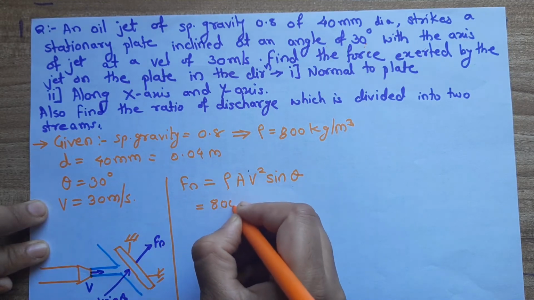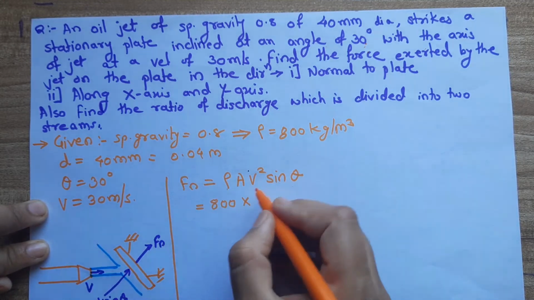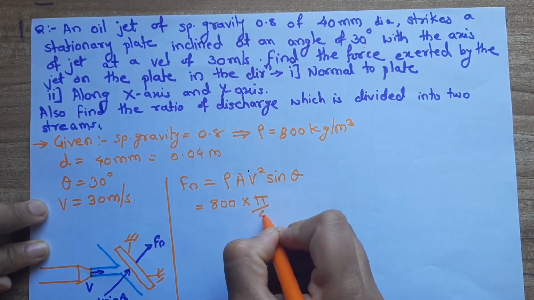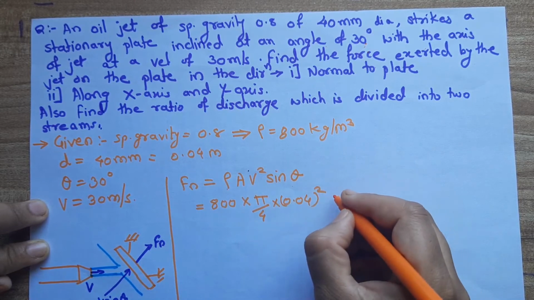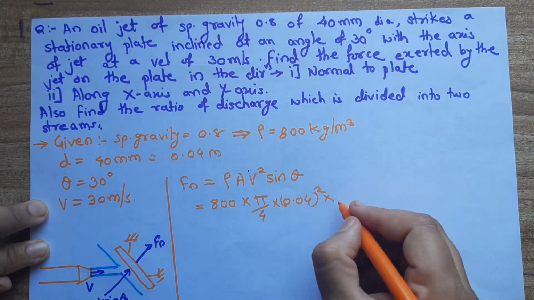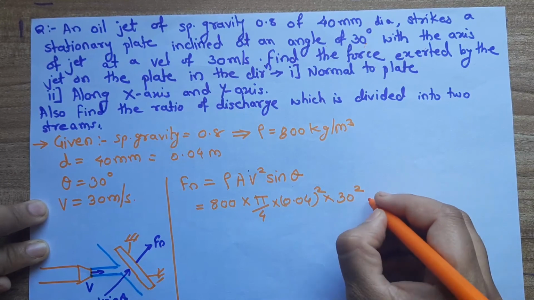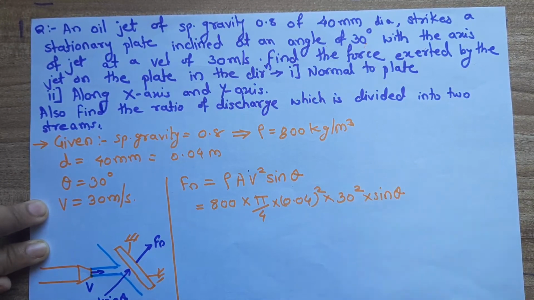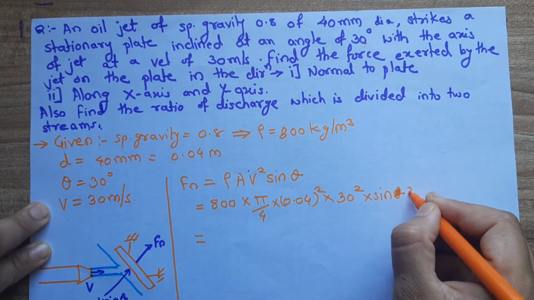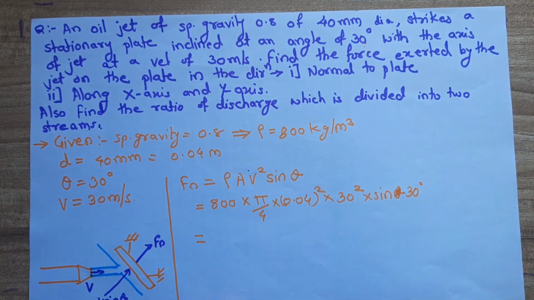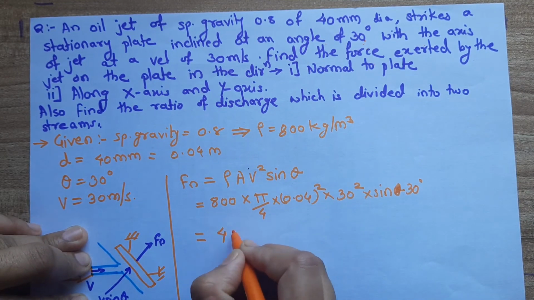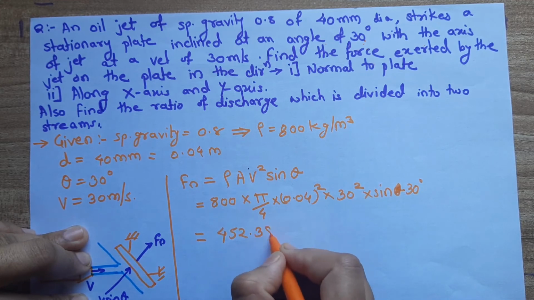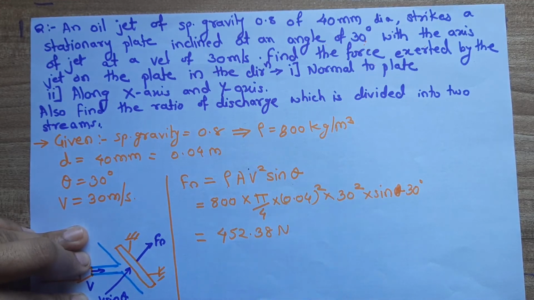So it is having a density of 800, multiplied by area, that is pi by 4 into 0.04 squared, into v square, that is 30 square, into sine of 30. When we solve this we will get the answer as 452.38 Newton.